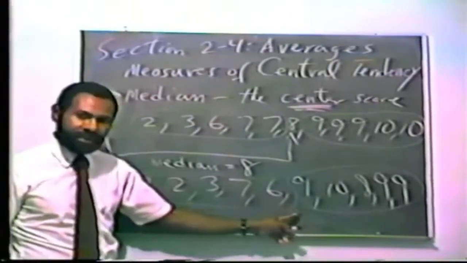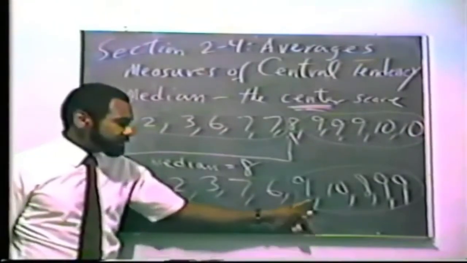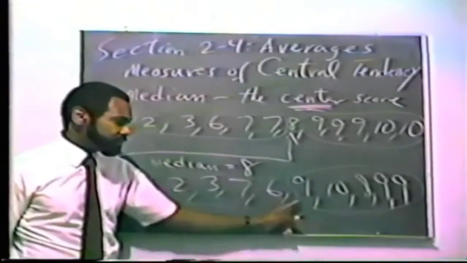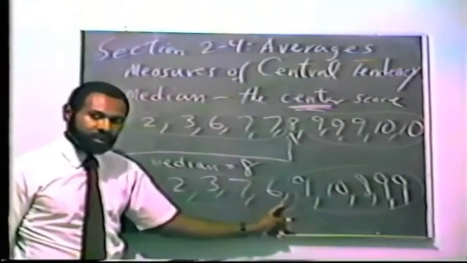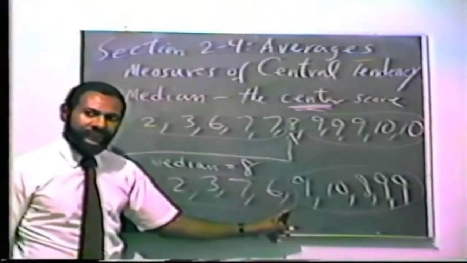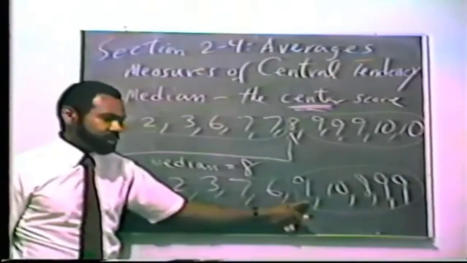In a case like this, to get the median, we add the centermost two numbers together and divide by 2. So we get the average of those two numbers that are in the center.